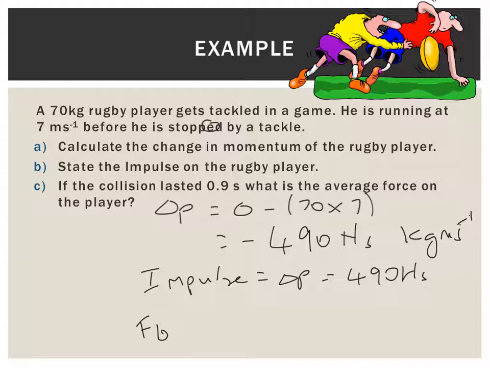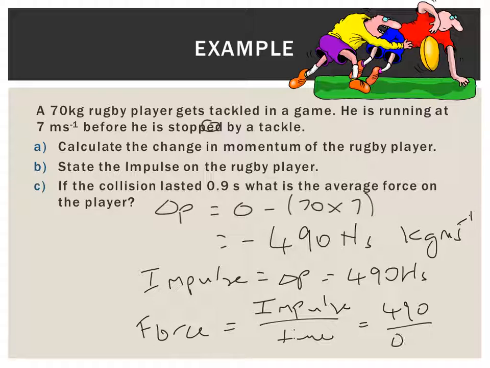So force is equal to impulse over time. So 490 divided by 0.9, and you get about 544 newtons. Sorry, ran out of room.